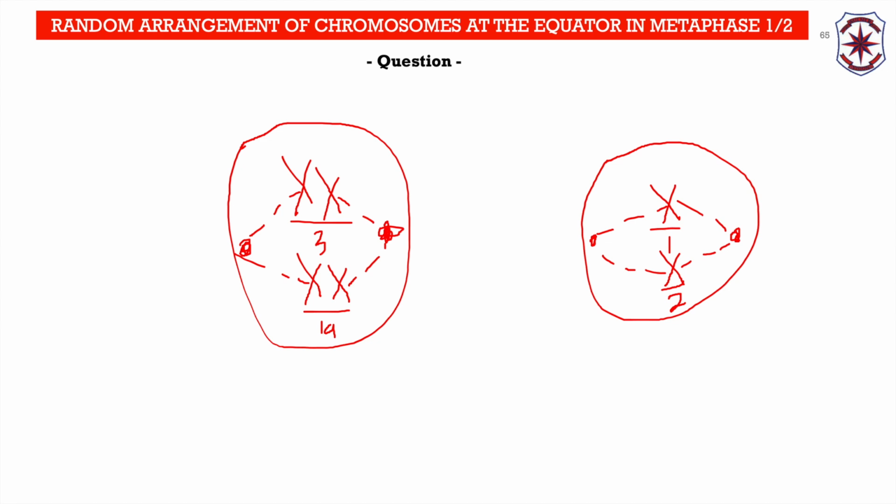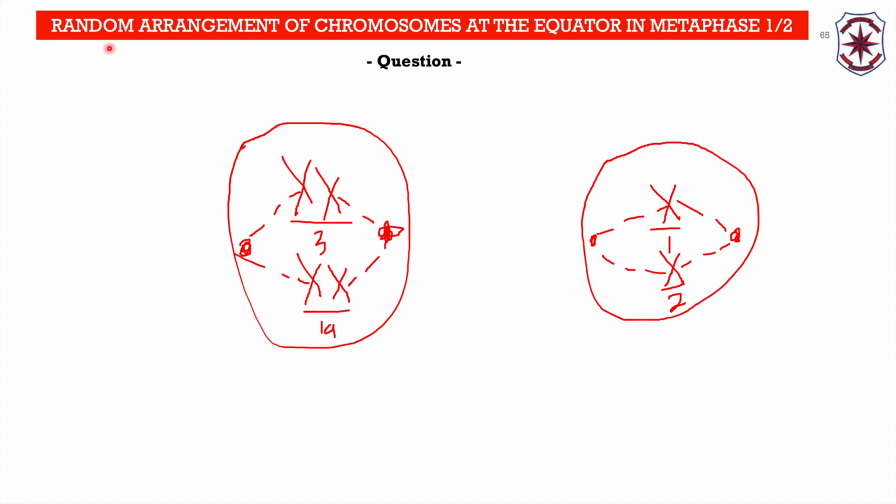So that is what we mean by they pair themselves randomly. By randomly, we mean that they don't pair themselves in any particular order. In each cell that is dividing, they align themselves in different orders. Therefore, they pair themselves randomly. Why is this important?